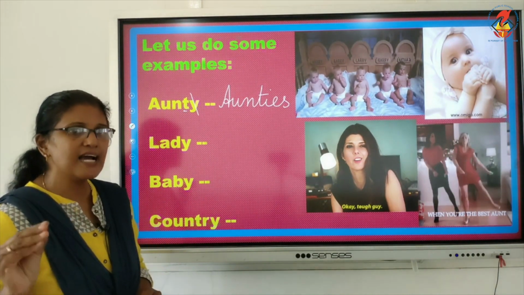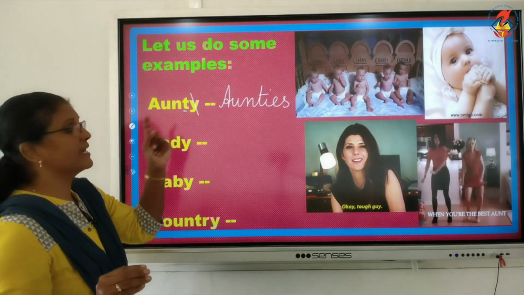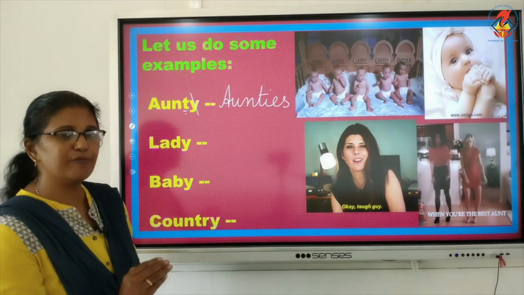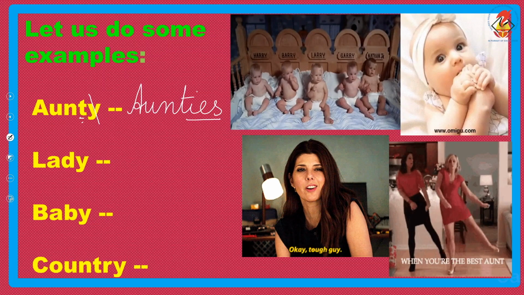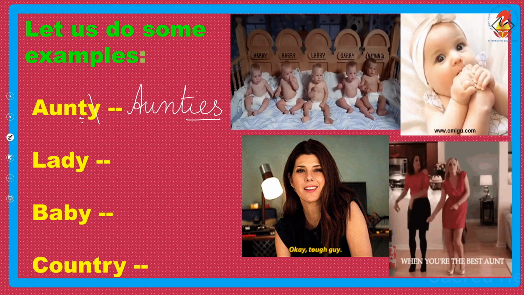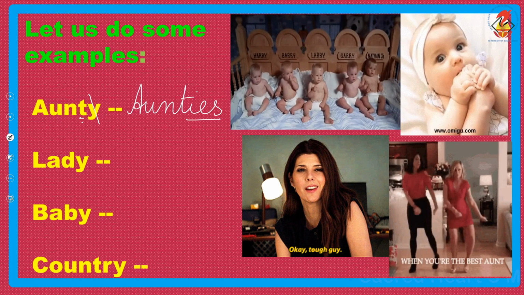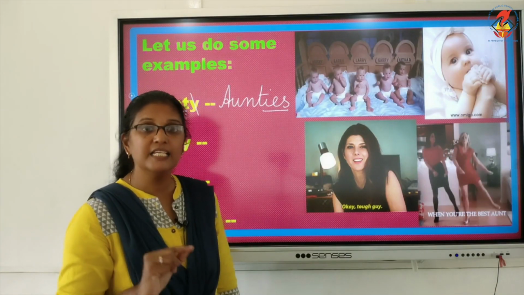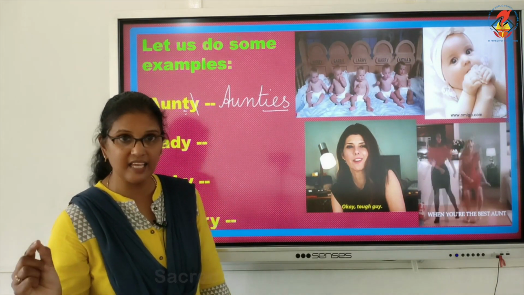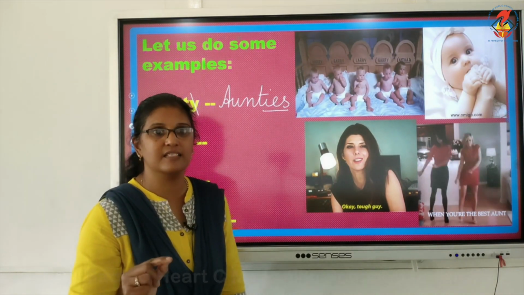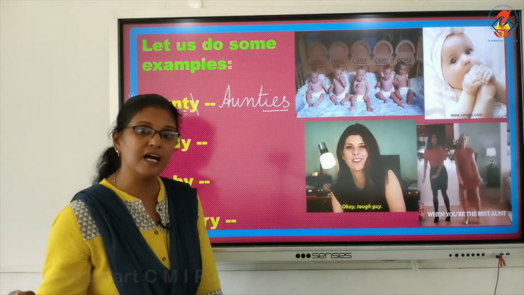You are cutting the last letter Y because there is a consonant just before it, and in the Y place you are writing IES to make singular auntie to plural aunties. It's not auntie, it is aunties.